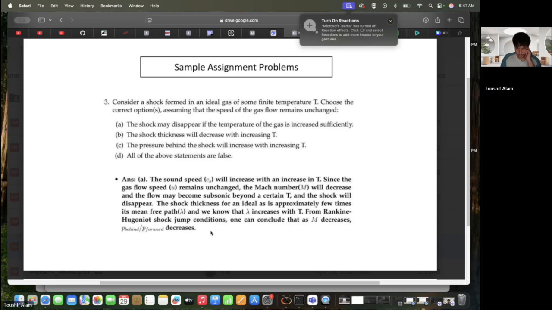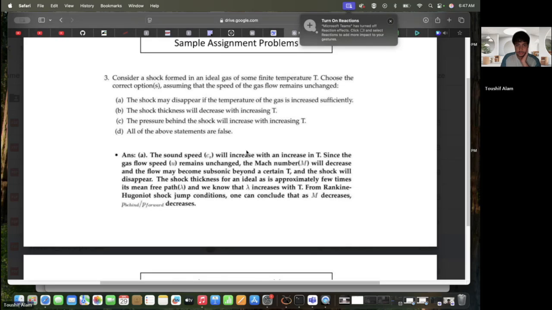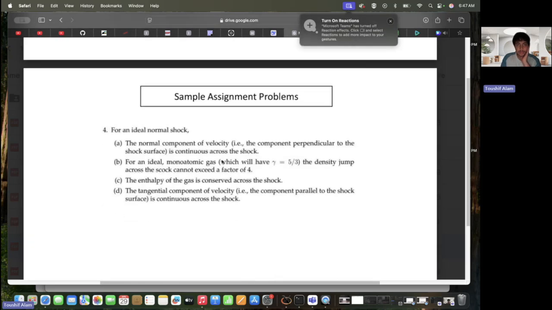P behind means behind the front of the shock and P forward means the pre-shock region. So option A.